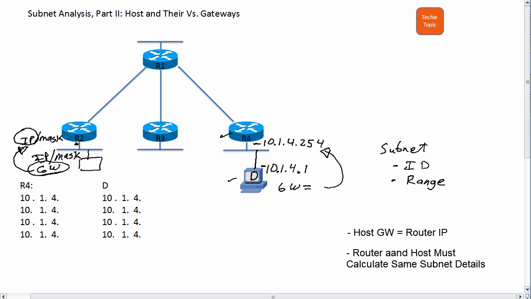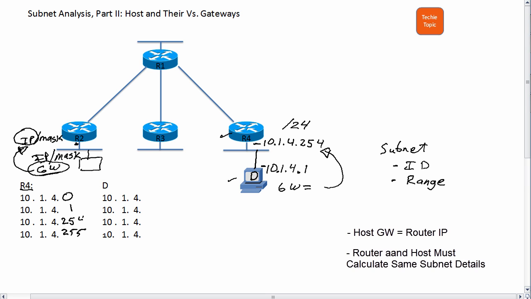For example, continuing to look at router R4, if we take R4's IP address 10.1.4.254 and then consider that the engineer chose a mask of /24, or if you prefer 255.255.255.0. If we do the math based on that IP address and mask, you see that the subnet ID is 10.1.4.0, the broadcast address then at the bottom is 10.1.4.255, and the range of addresses in that subnet are the numbers in between there.